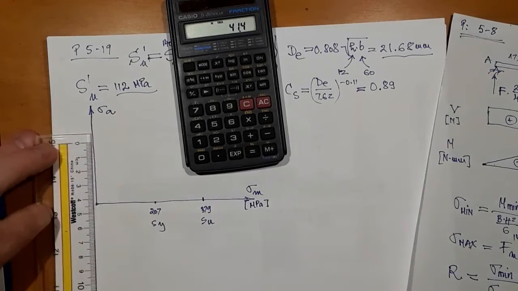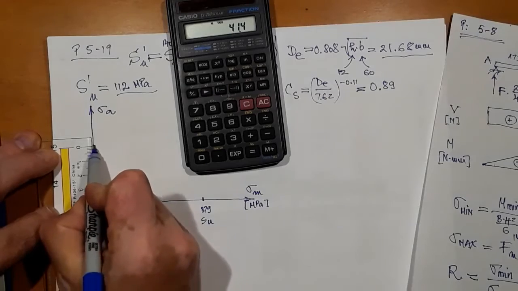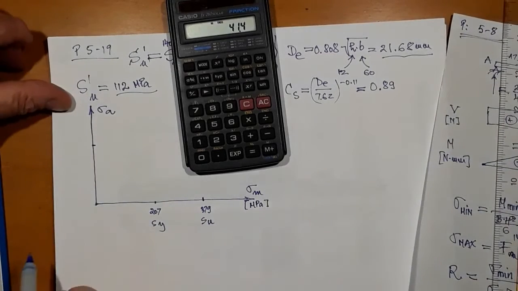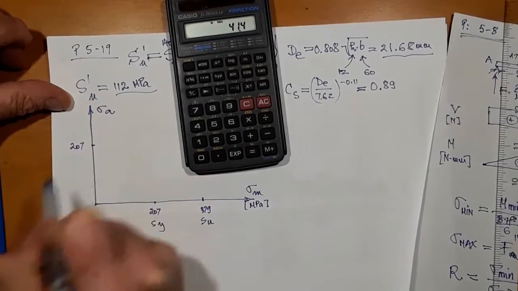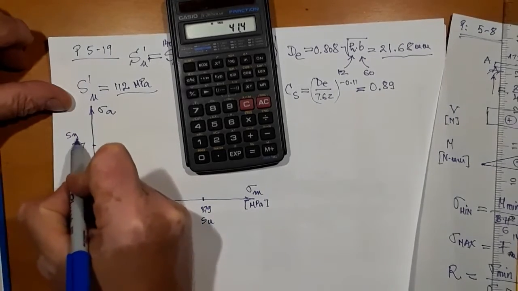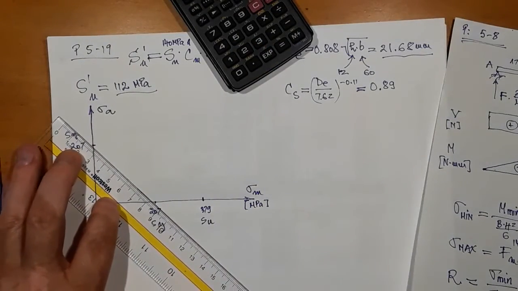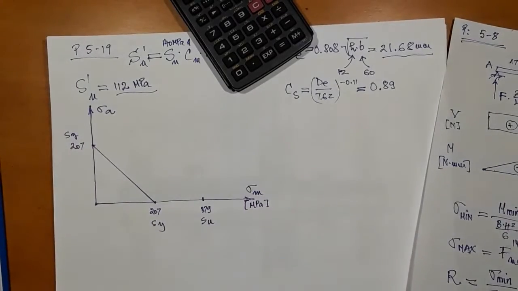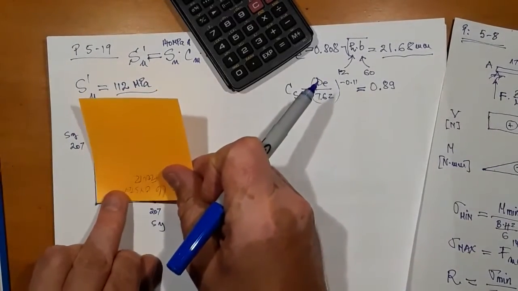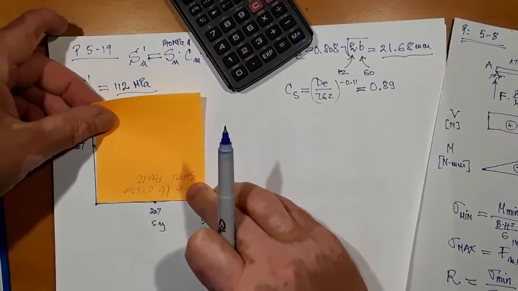I also place 41.4 on the vertical axis, and this is 207, SY. I have the yield line. I don't know how good this 90-degree angle is, and my lines were okay, could have done better.